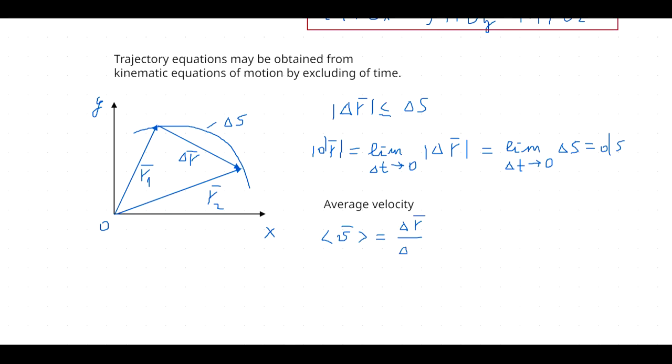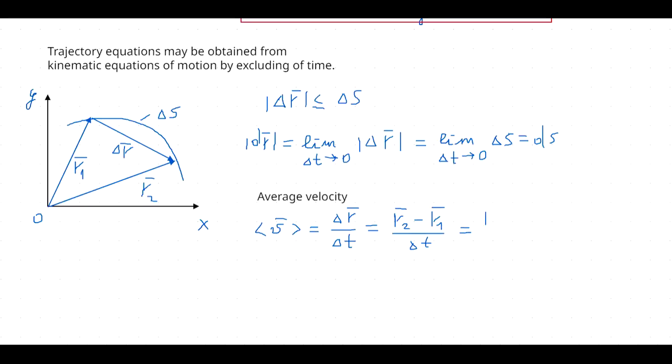the time of this displacement, and this can also be written as r2 minus r1 divided by delta t, and this can also be written as the vector r at a time moment t plus delta t, minus r as a function of t, divided by delta t.